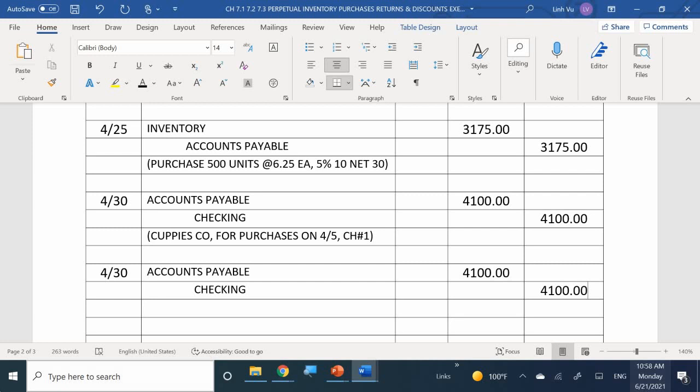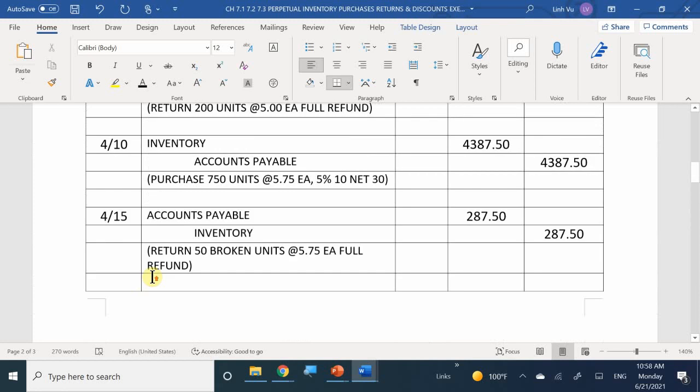Now, I'm going to make a note here that I made a payment to Cuppy's Co. for purchases on April 10, comma, check number 2, since this is my second check that I wrote.